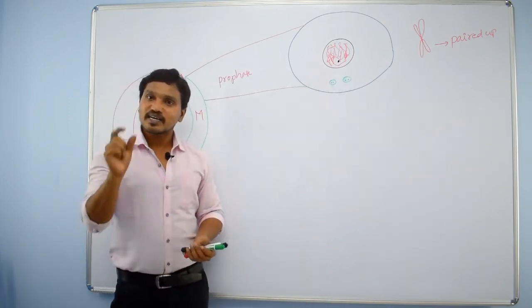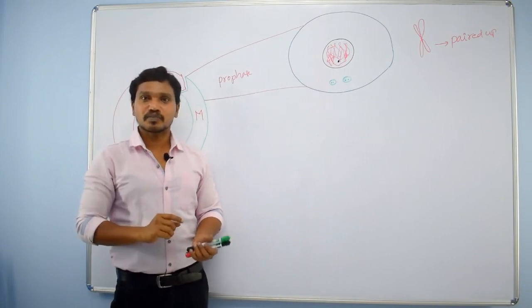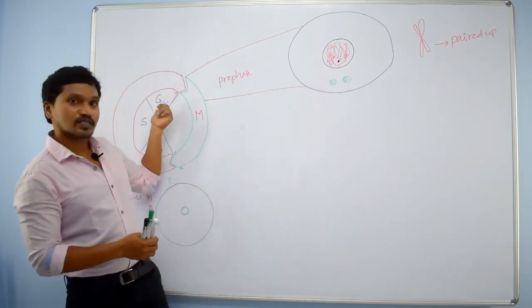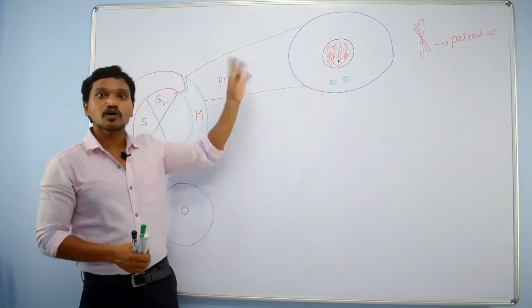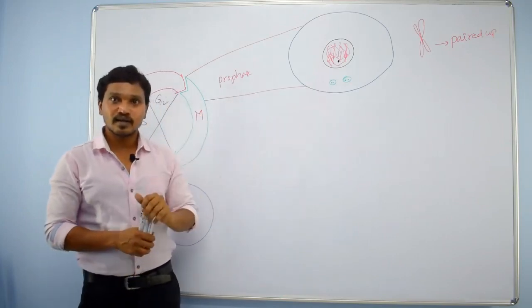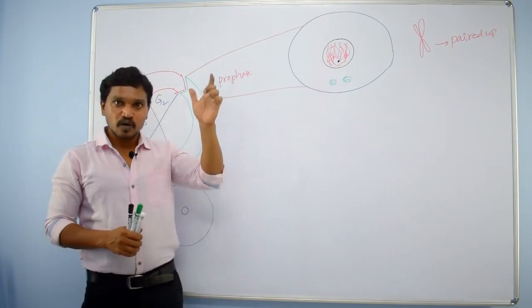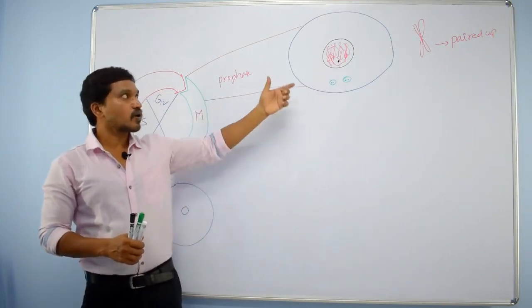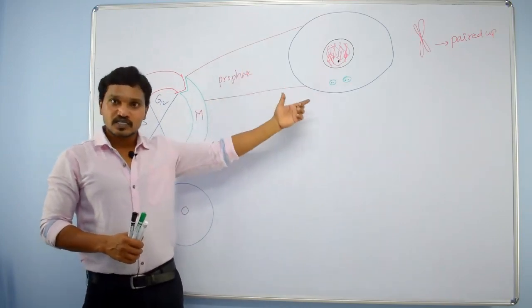Usually a cell contains only one centrosome, but in G2 phase this centrosome multiplied and became 2. Clear?